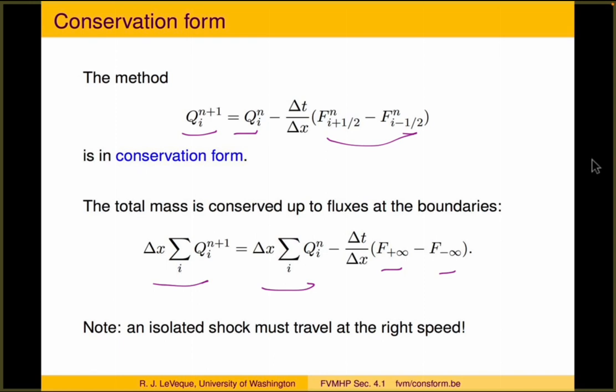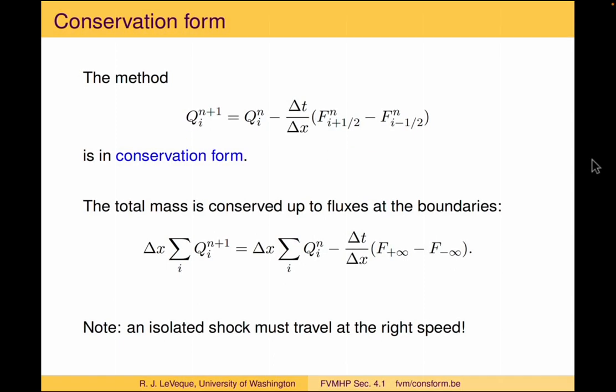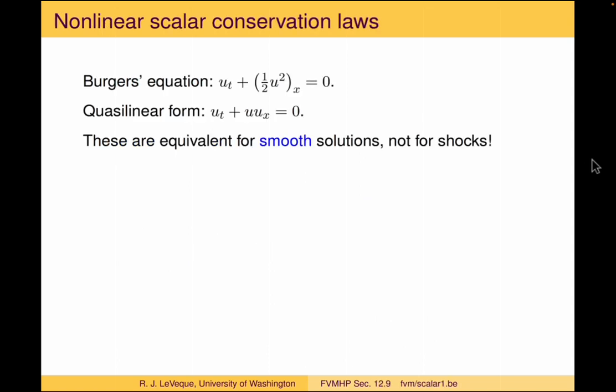This conservation form turns out to be very important when we get to nonlinear problems and trying to compute shock waves properly. We'll go into this in much more detail later, but just to give you a preview, look at Burgers' equation, the scalar nonlinear problem where the flux function is 1/2 u squared.